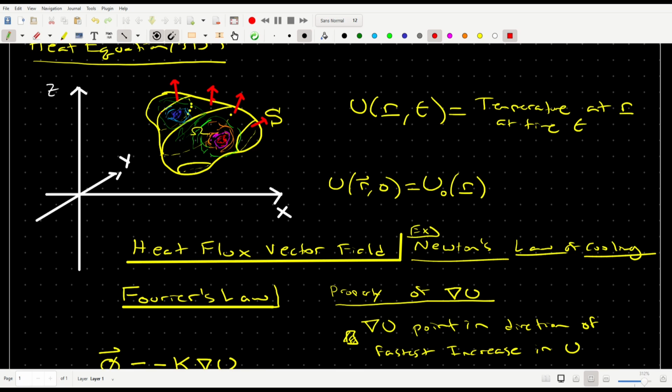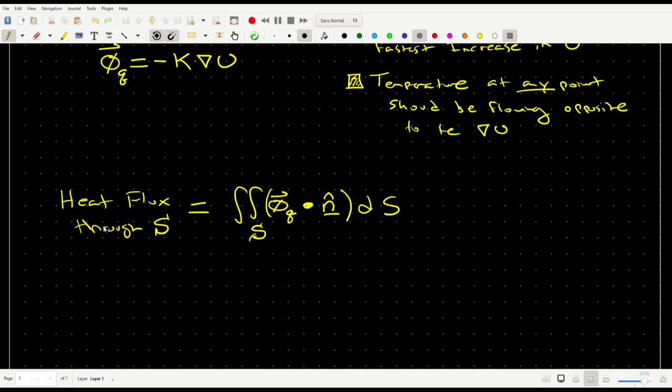Right, and this is directly consistent with the way that we've defined fluxes of vector fields through surfaces. So this quantity that you get when you calculate this surface integral gives you the total amount of heat energy that flows out of the surface S.